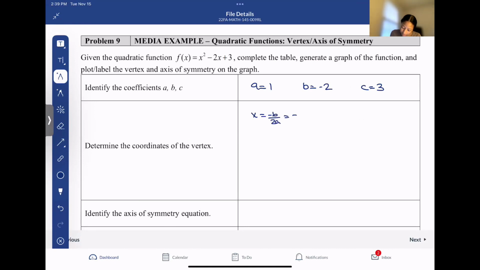So -2 over 2 times 1. That's 2 over 2, which is 1. X coordinate of the vertex is 1. For the y coordinate, y would be equal to f of 1, which is 1 squared minus 2 times 1 plus 3. 1 minus 2 plus 3 is 2. The vertex here is (1, 2).